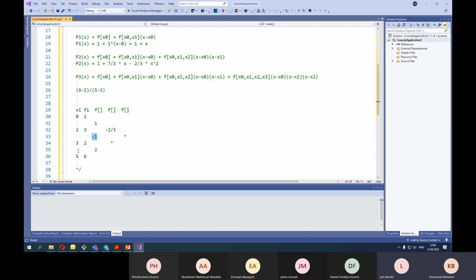This minus this over this x minus this x. 2 minus minus 1. Not 2 minus 1, but 2 minus minus 1 over the difference of x's. The difference of x's is 5 minus 2. What is the value?